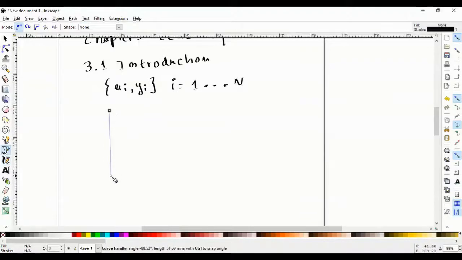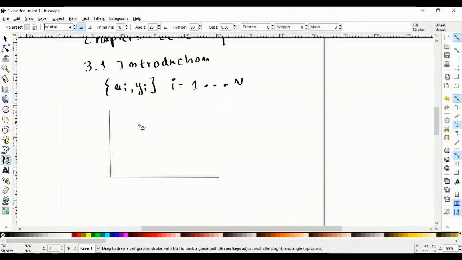It doesn't have to pass exactly through the points, but it has to approximate these points xi, yi as best as possible.